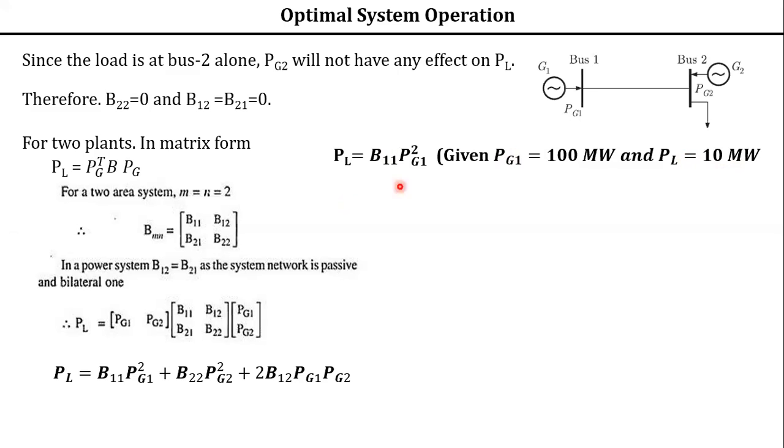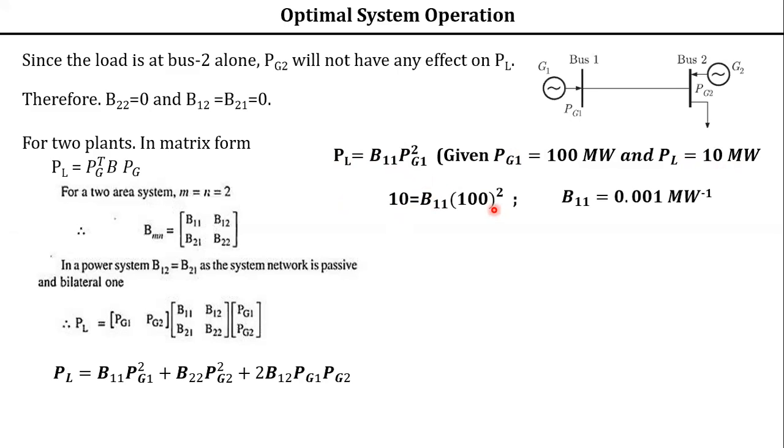Substituting these values, B11 we have to find out. PG1 has been given, so B11 is equal to 0.001 megawatt inverse. Units are important; you have to specify these things. Have you understood this one? B11 value got.